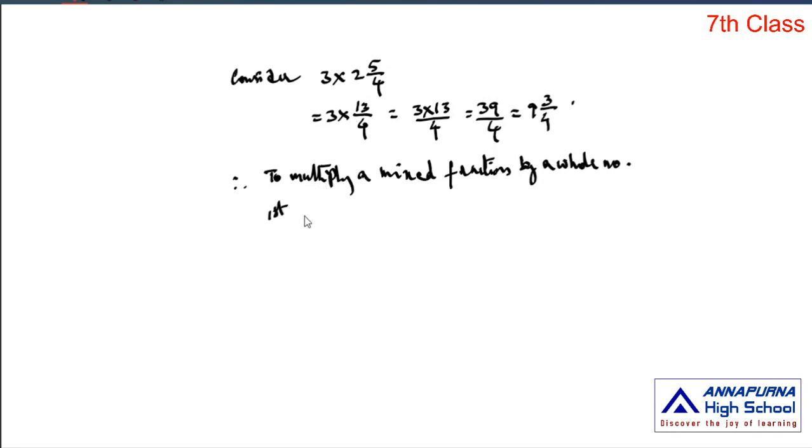The procedure is the same: first convert into an improper fraction and then multiply.